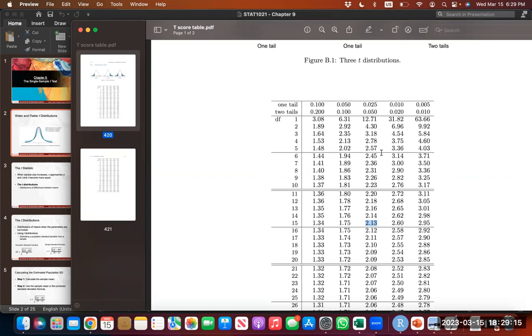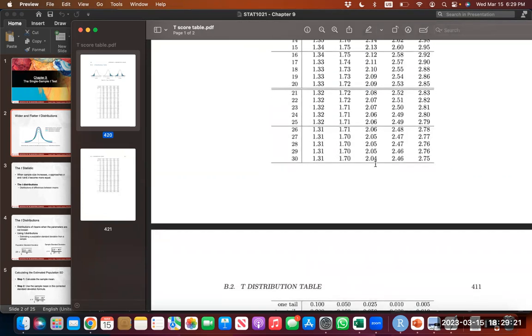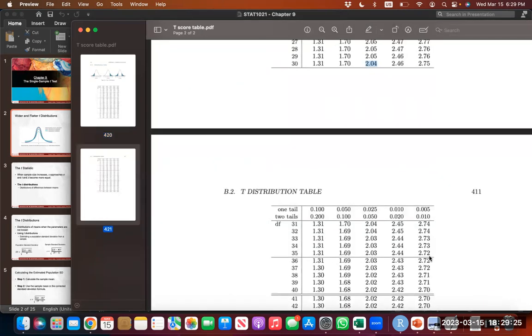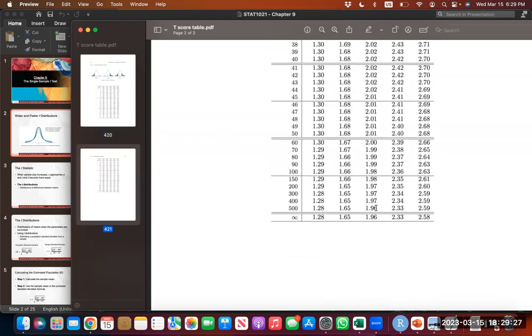It starts here with a T of 12. With 30, you're down to 2.04. With 500, you're basically identical to the normal distribution of 1.96. And they're identical in infinity.